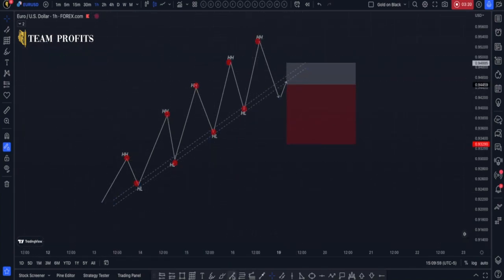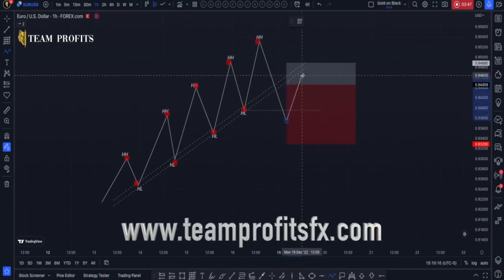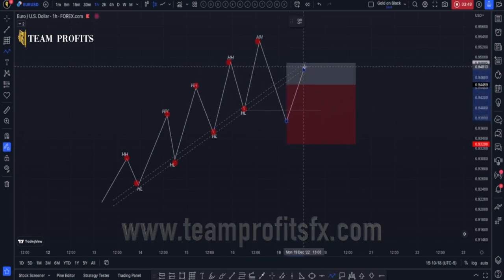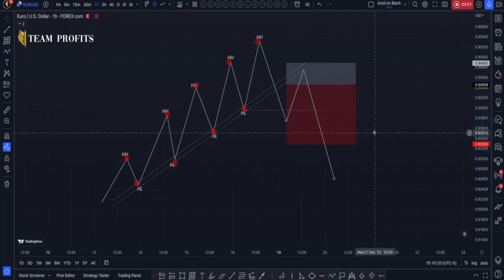I hope you understand what I mean. The market has to actually break this low to perhaps consider going for the sell. Okay? In smart money trading, this is called change of character right there, right? This is the confirmation that says, oh, okay, now the market may pull back to retest and then go down. You know what I mean?